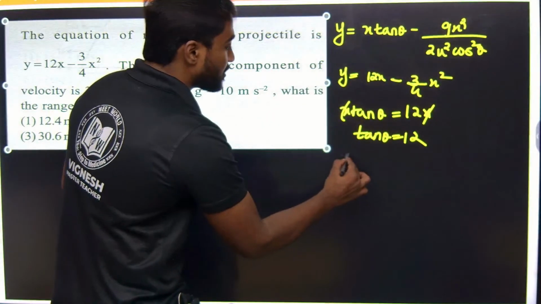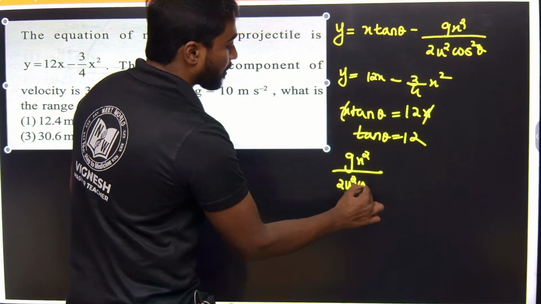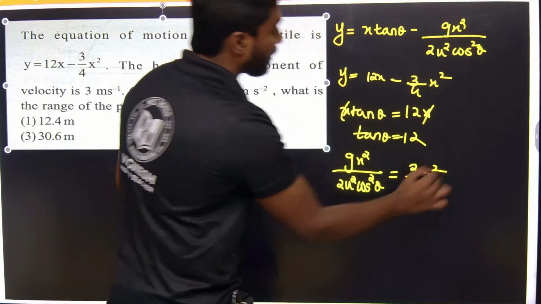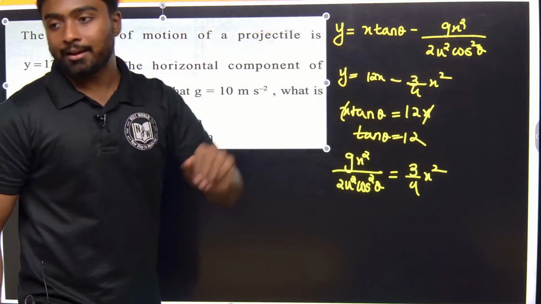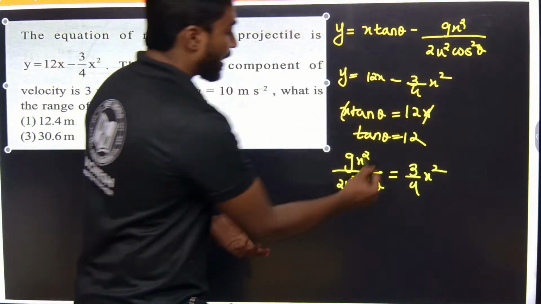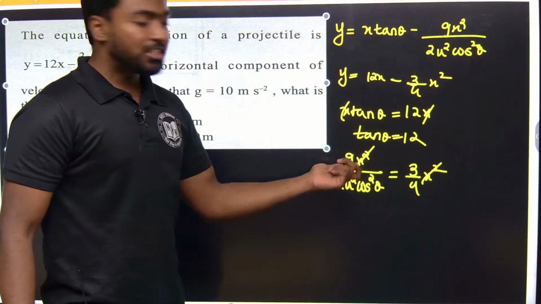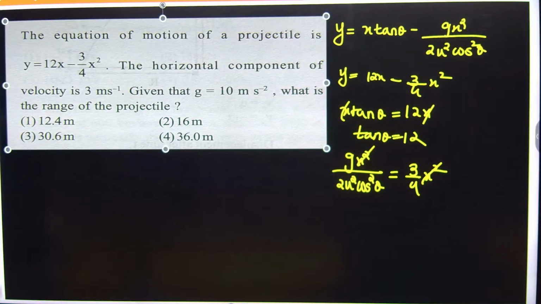Why have I not taken minus and minus? Because if I take the minus also, it will get cancelled on both sides. So x square and x square cancel off, and 3 by 4 will be equals to g by 2u square cos square theta.